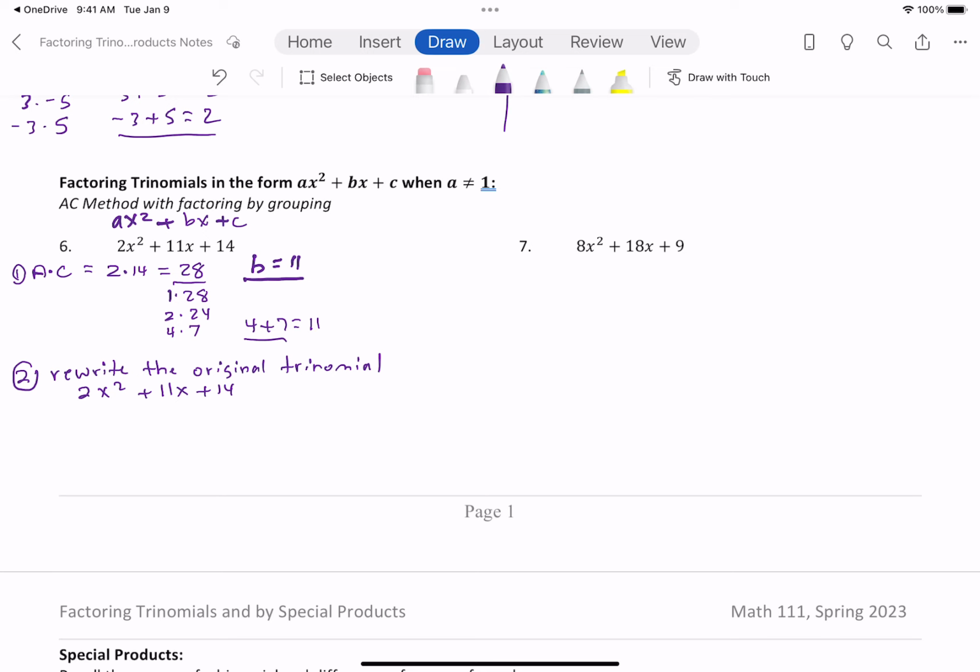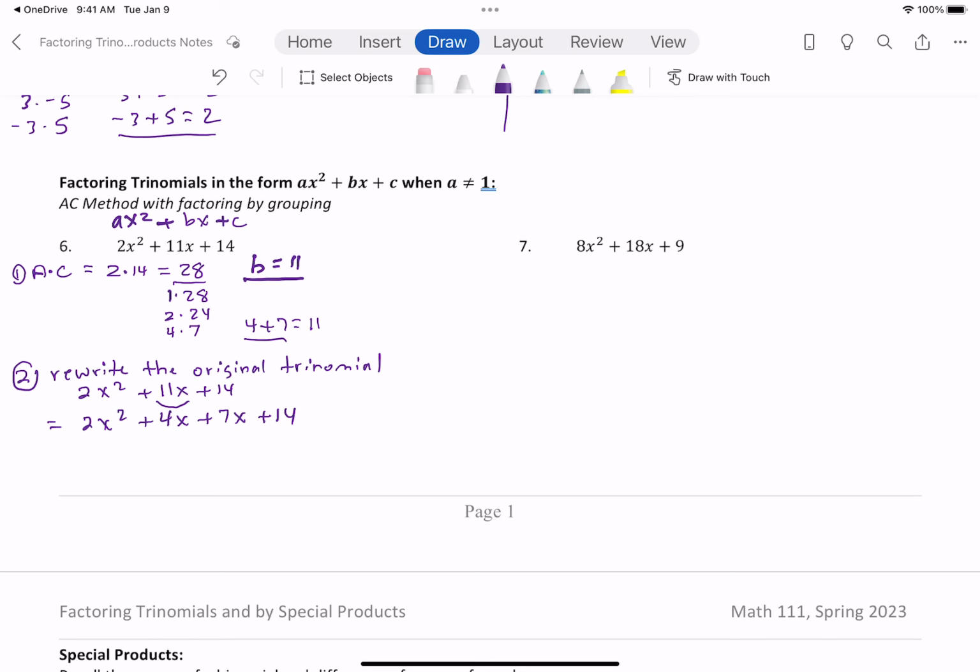We're going to rewrite this b term using the factors 4 and 7 that we just found. I'm going to write 11x as 4x plus 7x. The 4 and the 7 are the two factors we just found that multiply to 28 that will add to 11.